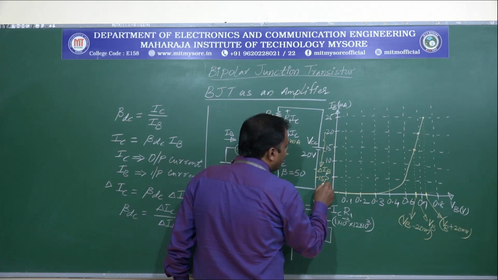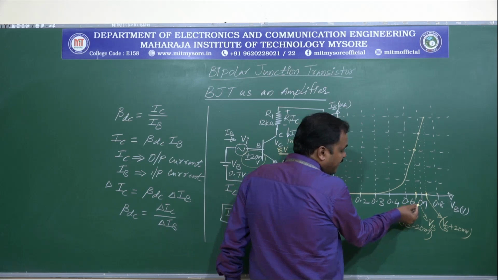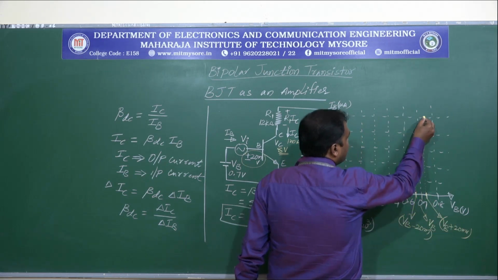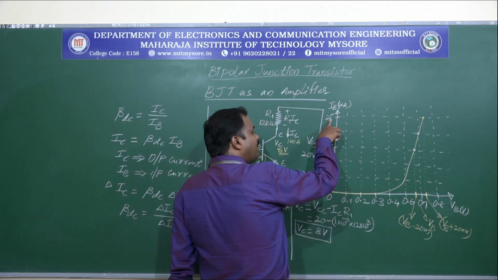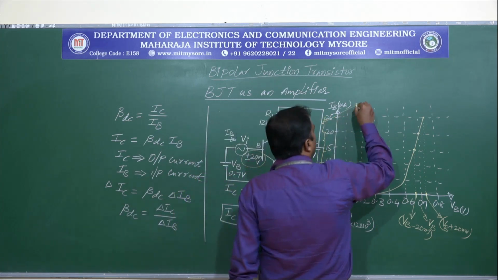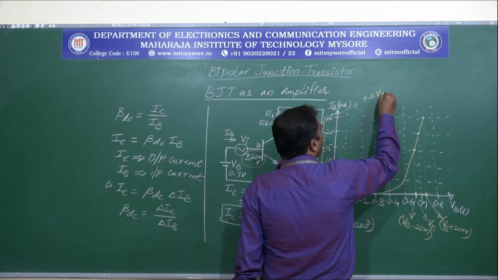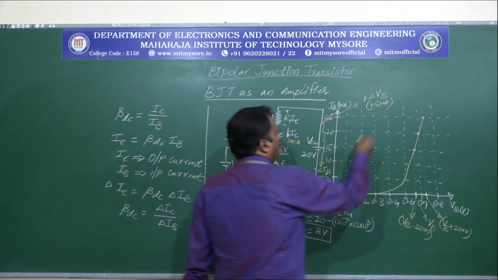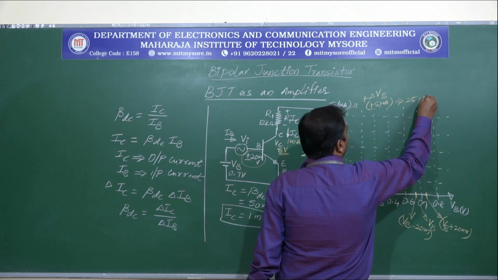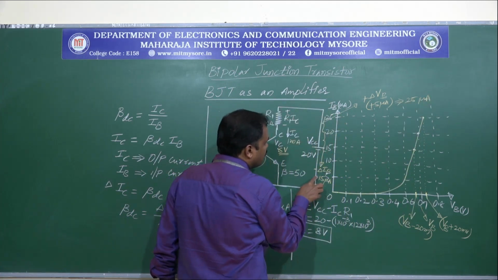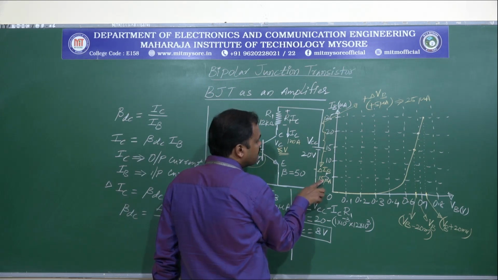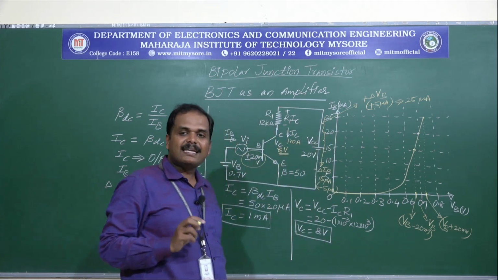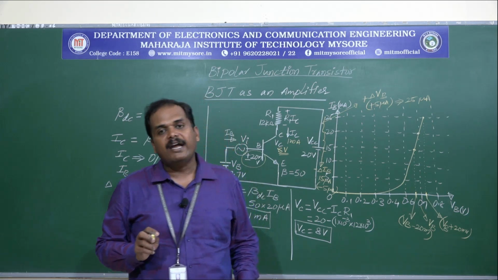Whereas when the input VB is altered by plus 20 millivolts, the corresponding change we have is 25 microamperes, so this is plus delta IB. Correction: it is not minus 15 microamperes; the base current is 15 microamperes, which is reduced by 5 microamperes.